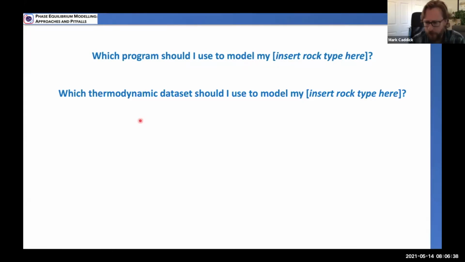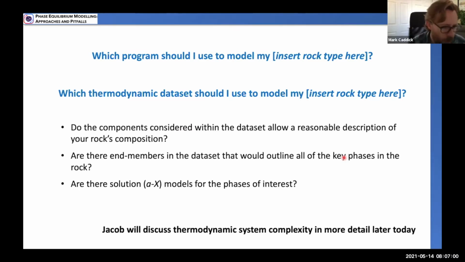And we'll hear more about building up an appropriate data set from Jacob later. We've heard about data sets earlier in the week from Pierre. We heard yesterday from Jacob about data sets again. But there are a few key things that we might want to think about in terms of the data set. Do the components considered within a data set allow a reasonable description of our rock's composition?